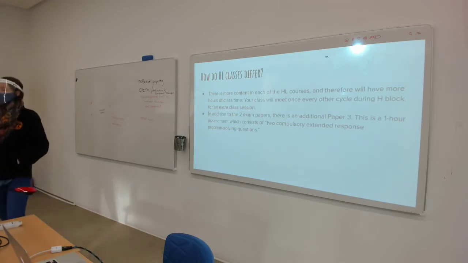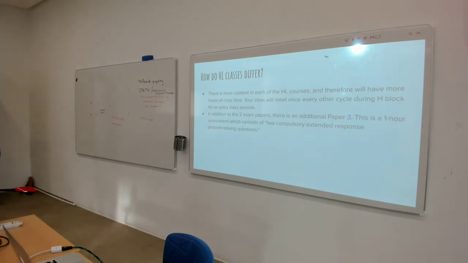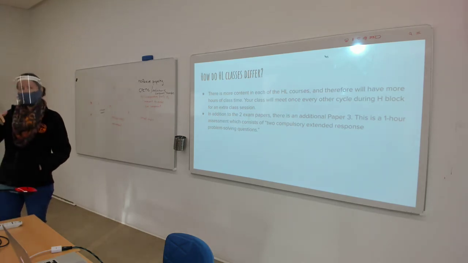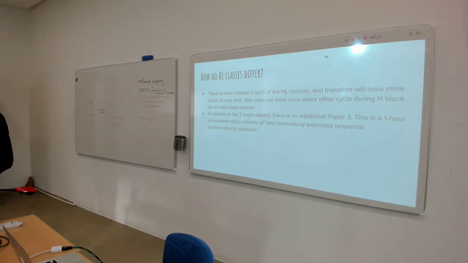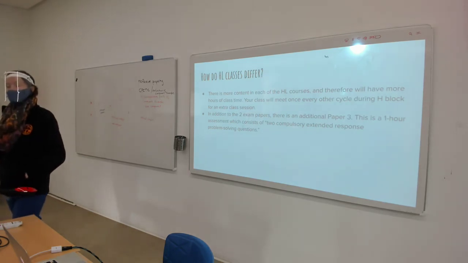If you guys notice on your schedule, there's H block, which is when we have advisory. You have prep, this is B block, and you have H block every 10 days, on the orange days rather than the blue days.